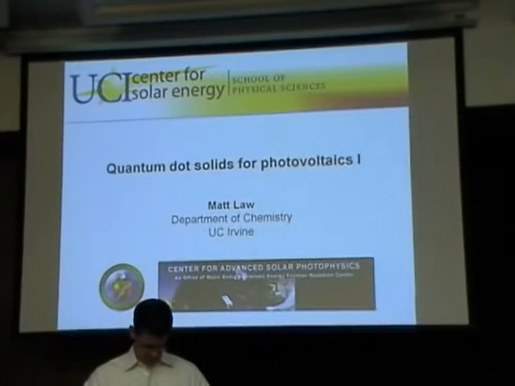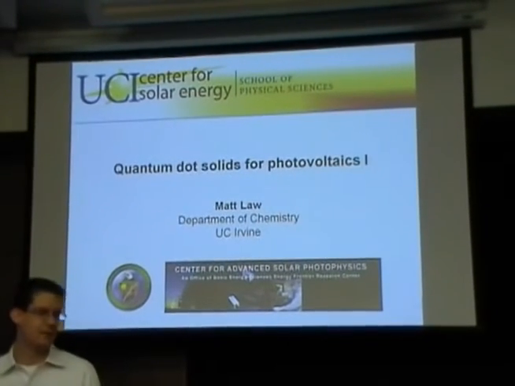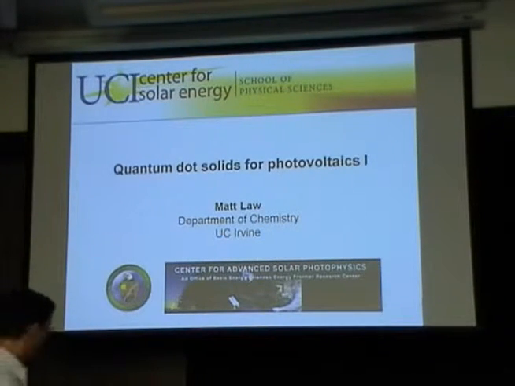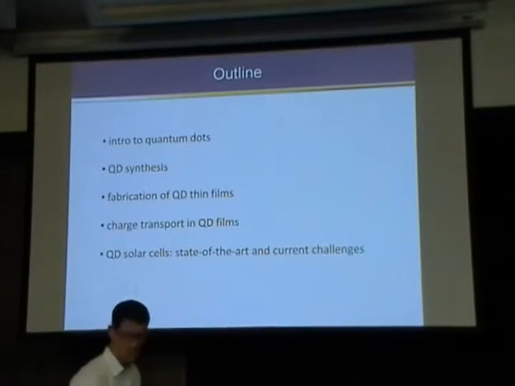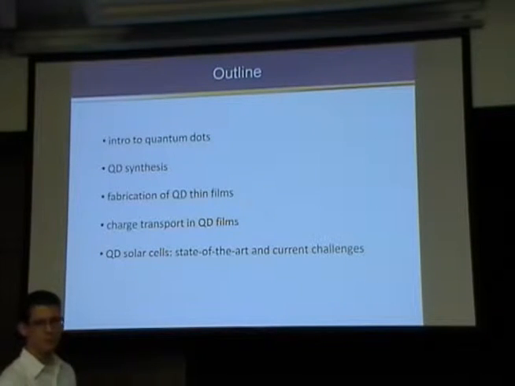We're going to talk about synthesis and assembly of colloidal quantum dots, and then, kind of unscheduled, a lot more on charge transport properties of these materials. So the outline is going to look something like this. First, a little intro to semiconductor quantum dots: what they are and why we care about them. The methods that we use to actually synthesize quantum dots, at least the most typical kinds.